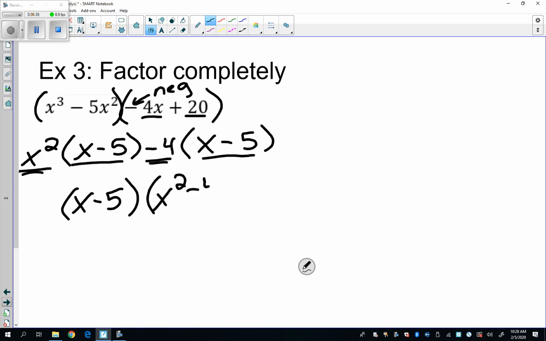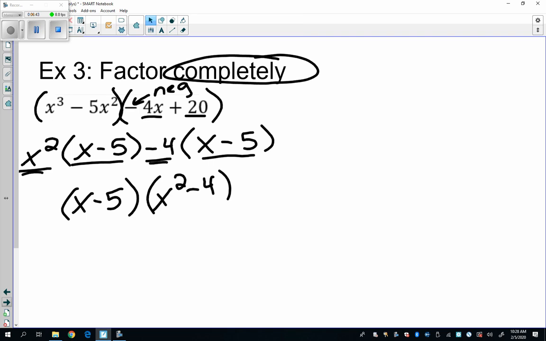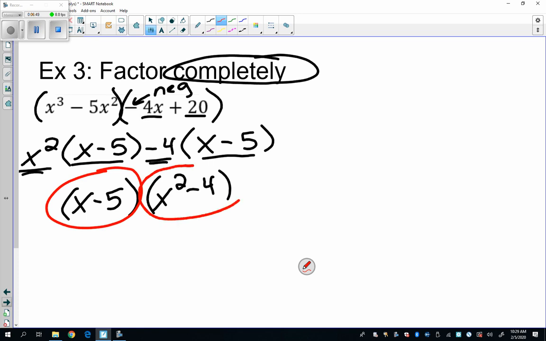Now, saying it's factored completely is not quite right here. It's not done yet. You look at each individual factor and see if you can factor it further, if there's a greatest common factor or, in this case, a perfect square binomial. You can see that you have a subtraction in the middle, and you can square root both terms.